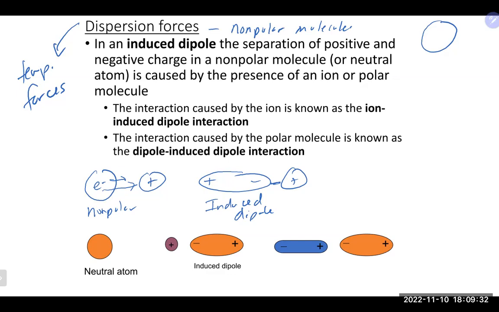Every molecule, even polar molecules, can do some type of dispersion forces, but it's not really their main type of interaction. Again, dipole would be that. So we could have an ion-induced dipole. We also could have a dipole-induced dipole, and that's the same idea. It's just a polar molecule does the inducing.